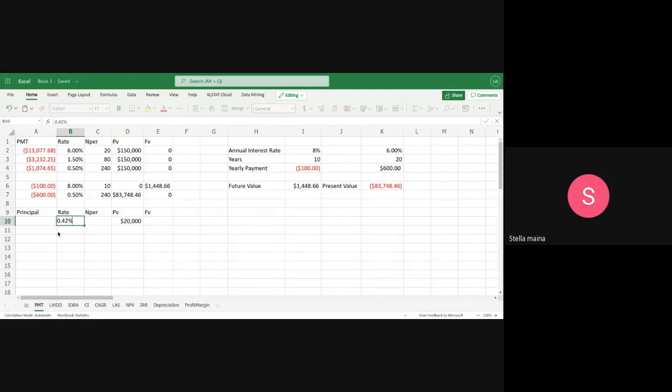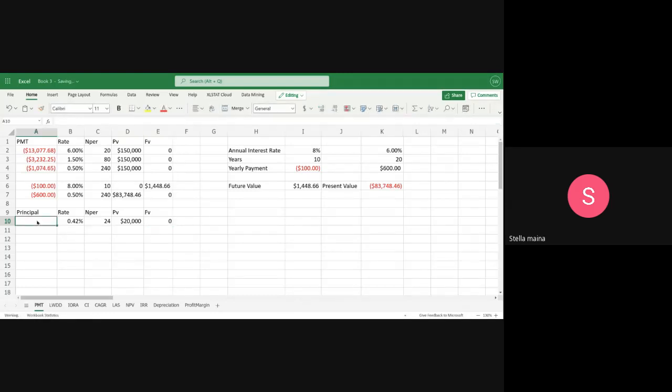It's a 2-year duration, so 2 times 12 is 24. Of course, our future value, when you're paying a loan, you expect to finish everything.